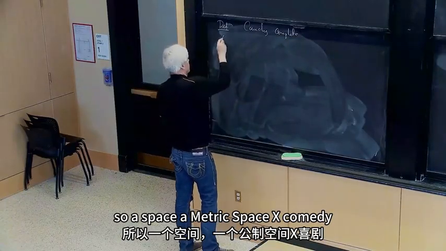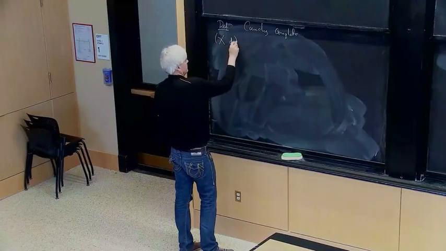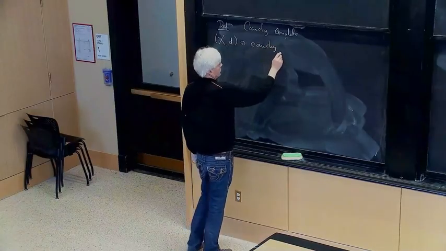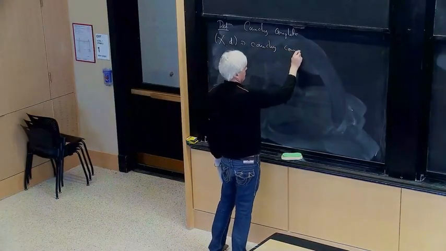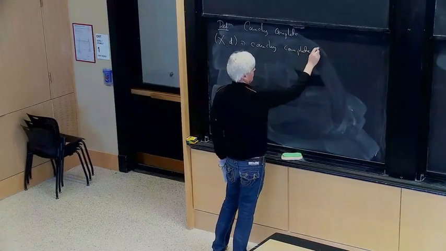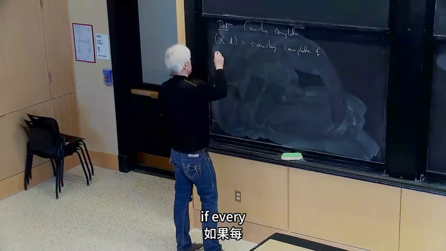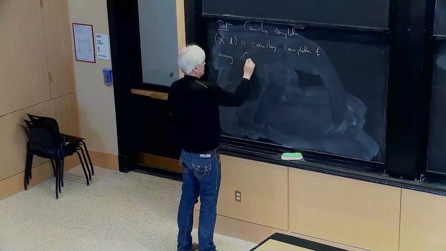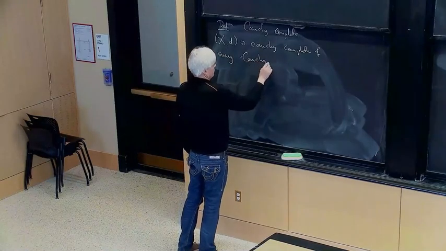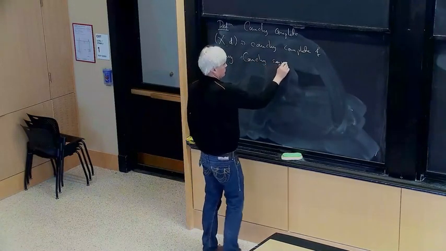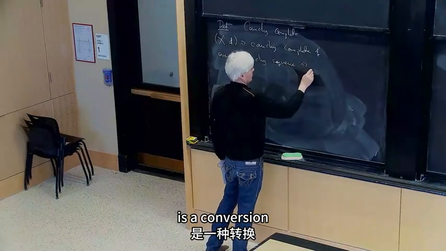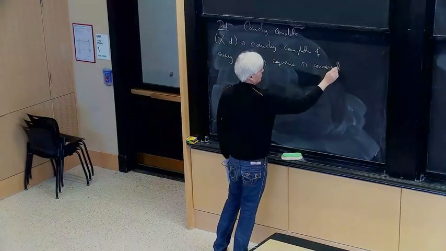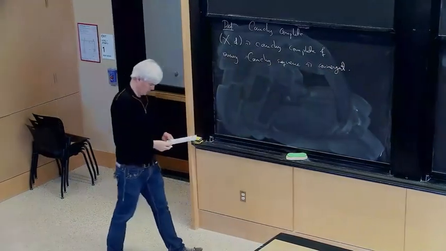So a metric space (X, d) is Cauchy complete if every Cauchy sequence is convergent. Okay.